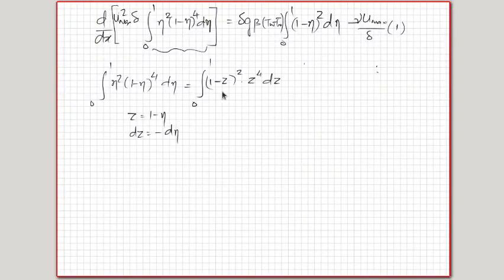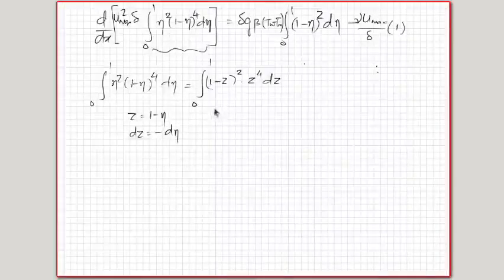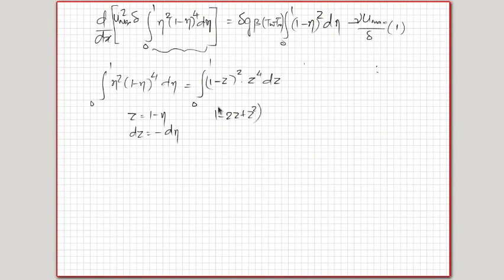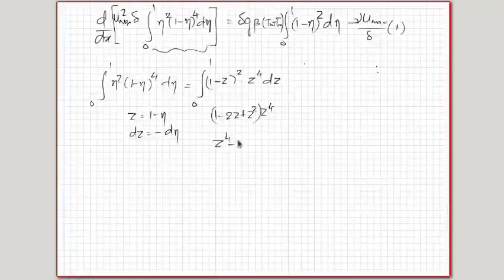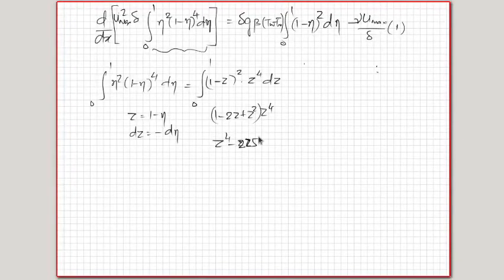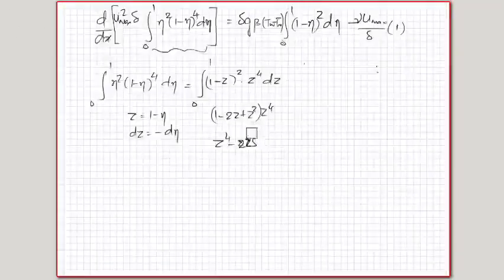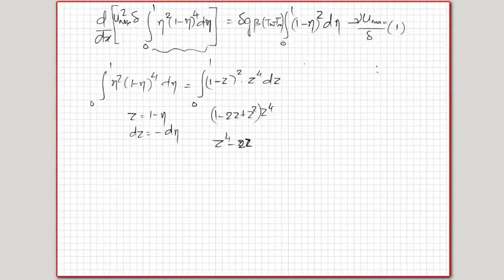That's what we'll get. Now I can expand this as (1 minus 2z plus z square) multiplied by z to the power of 4. So it will be z to the power of 4 minus 2z to the power of 5 plus z to the power of 6.